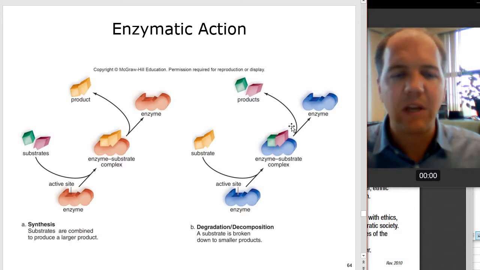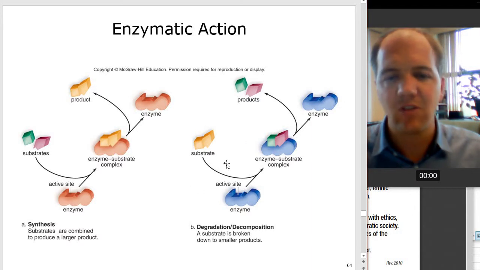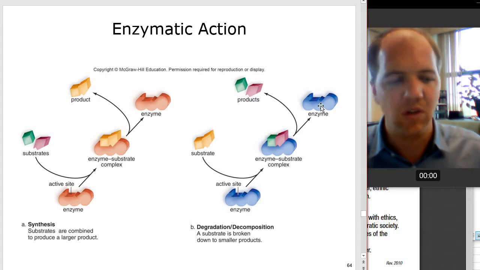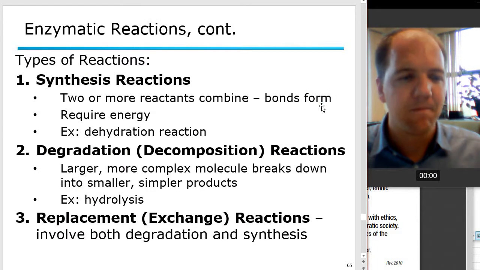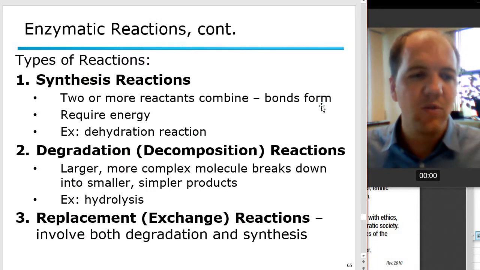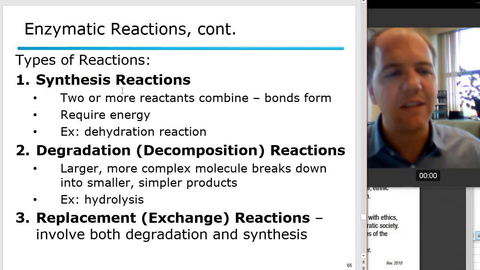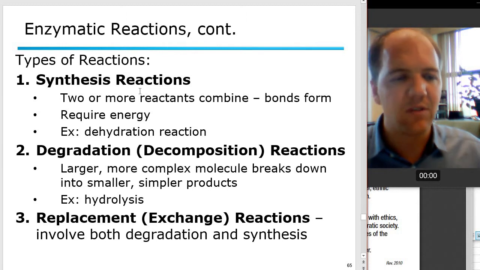Same thing with breaking things down. So for example, digestion, we have these digestive enzymes, and these are providing spaces where these molecules that we ingest can be broken down, and the enzymes can just continually be reused and reused. So there's two types of enzymatic reactions. There's synthesis reactions, where things are built up, and these require energy.